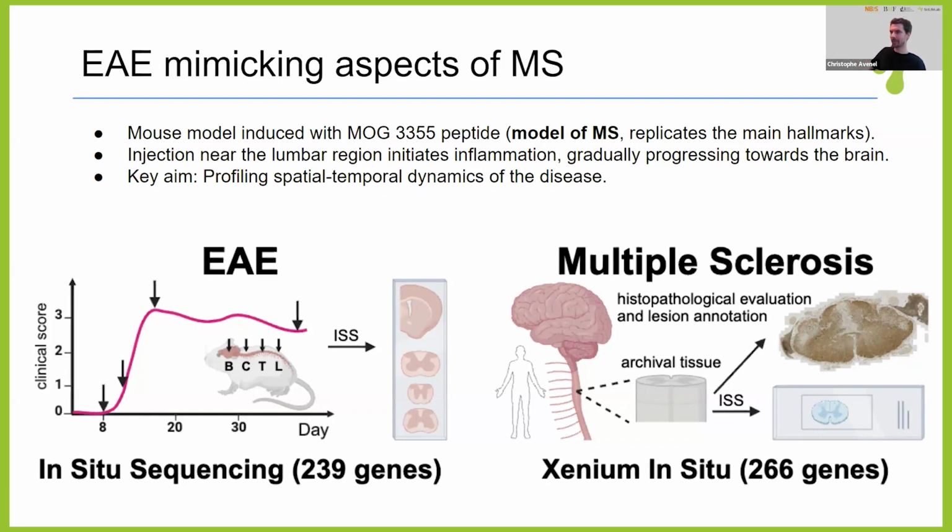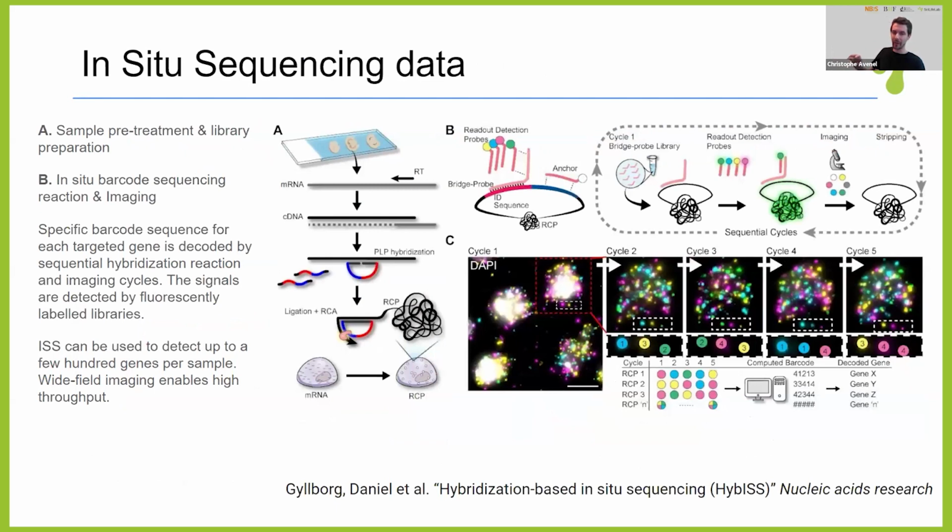I will explain that very shortly, just so that you understand the main idea, but I will not go into details about the technology itself. Very shortly, in situ sequencing is a method for targeted analysis of RNA molecules, in morphologically preserved cells and tissue sections.